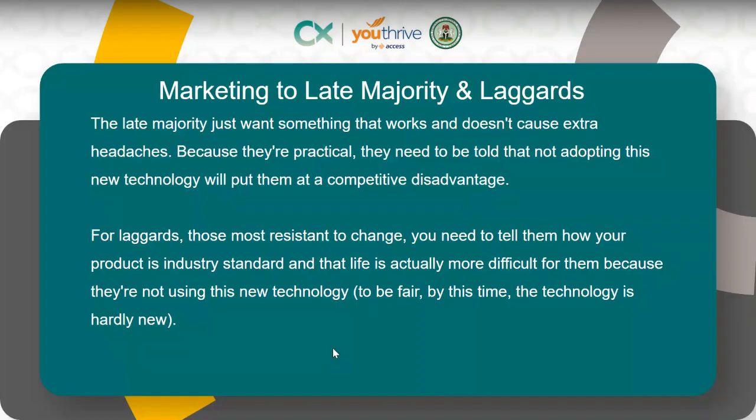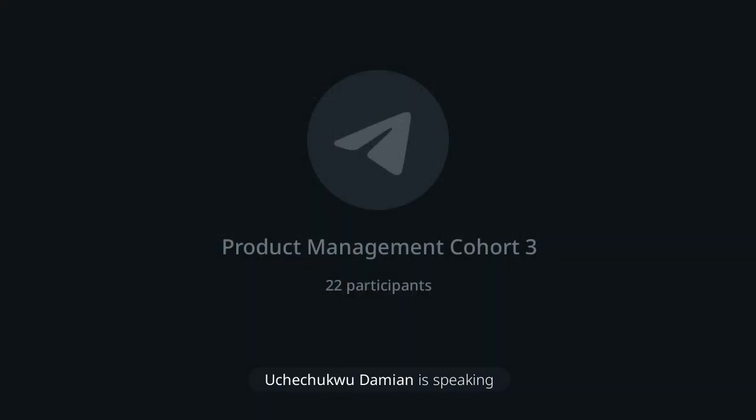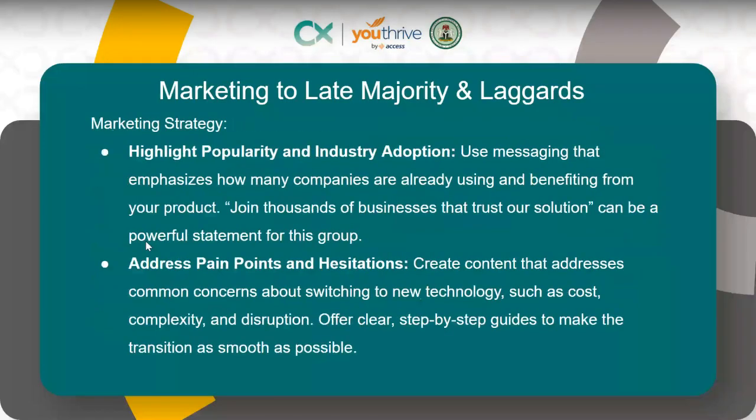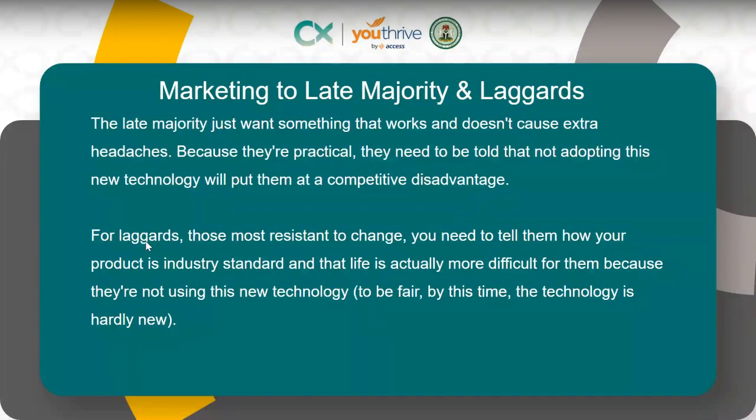They can trust your product. They have all of the necessary licensing. So that's pretty much how you're able to get these late majorities and laggards.